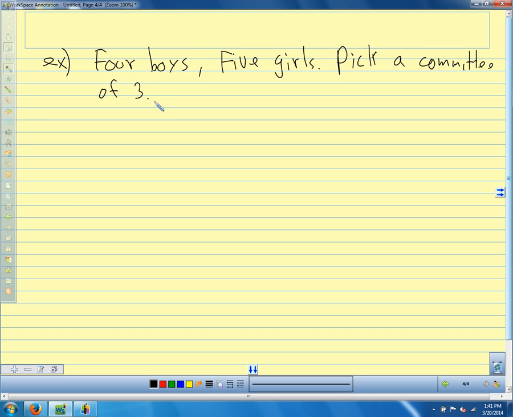We have a larger group, 4 boys and 5 girls, and we're picking a smaller group from that larger group. So what should we be thinking right away?